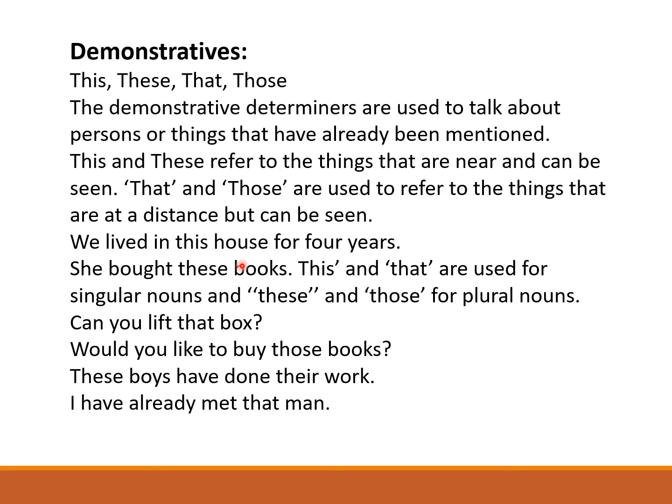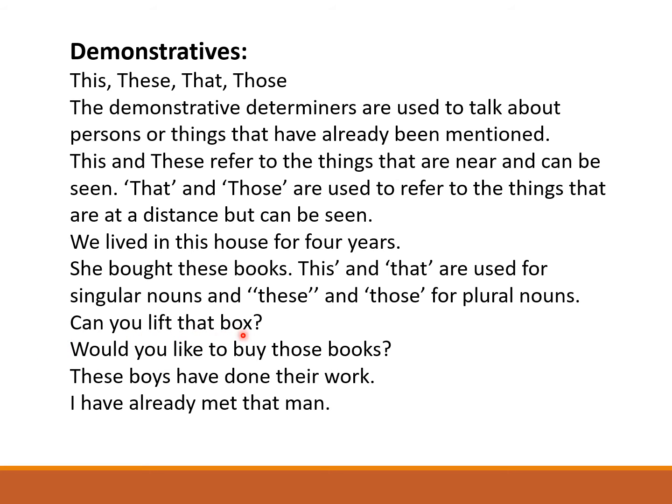"We lived in this house for 4 years." In this house, here this is a demonstrative determiner. "She bought these books." Here these is a demonstrative determiner. This and that are used for singular nouns and these and those for plural nouns.